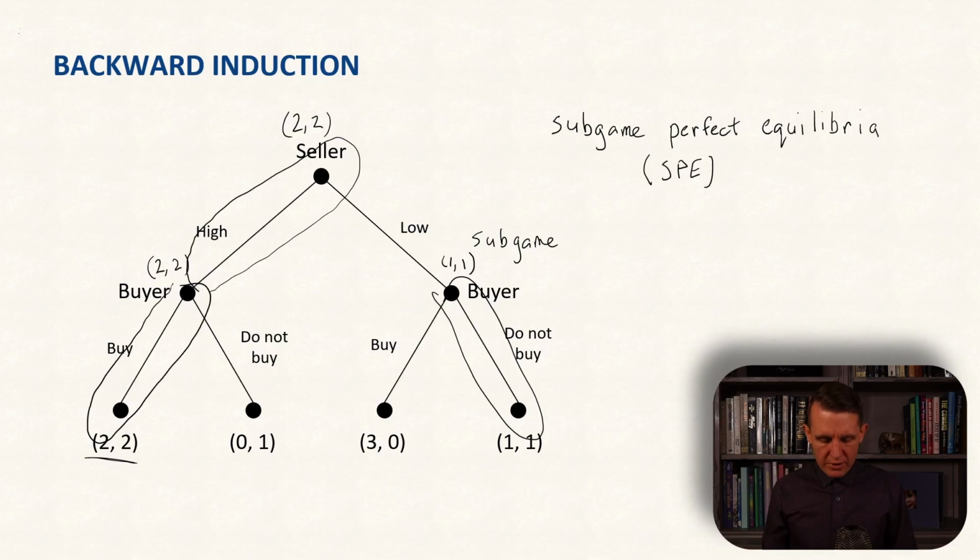So the subgame perfect equilibria is not just the equilibrium path on here, but also includes this strategy that we have here of the buyer not buying should they come into this state here. So in other words, what we have as the subgame perfect equilibria is the strategy that each player would play for each subgame.